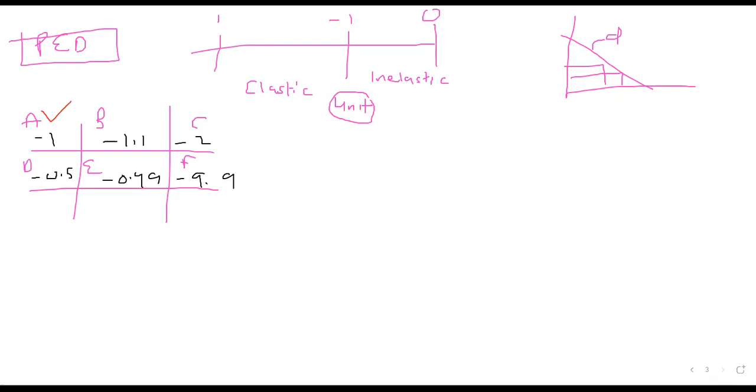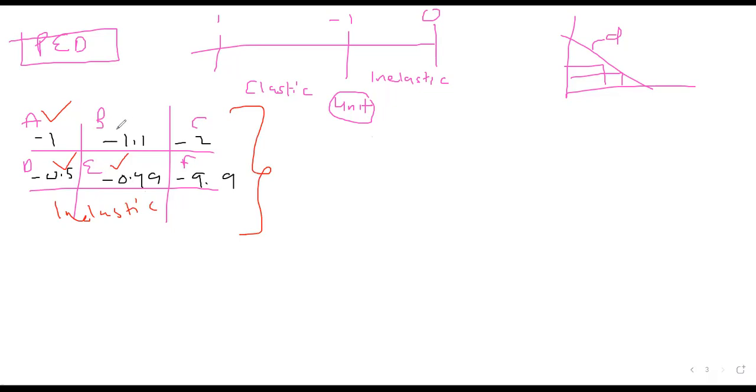Elastic. Okay. Is it more than 1 or less than 1? So this E is inelastic. D is inelastic. As long as it starts with a 0, it is inelastic. Okay, and F is what? Elastic. So let's clear this argument for people who have a problem in understanding the interpretation of inelastic.